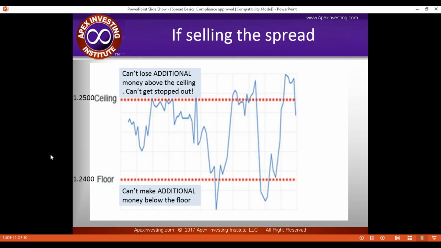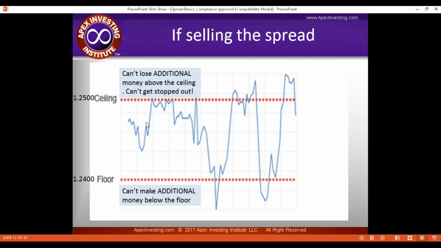Well, each spread has a floor and a ceiling. I can't lose additional money above the ceiling, and I can't make additional money below the floor. So the floor and the ceiling are my top and bottom here.